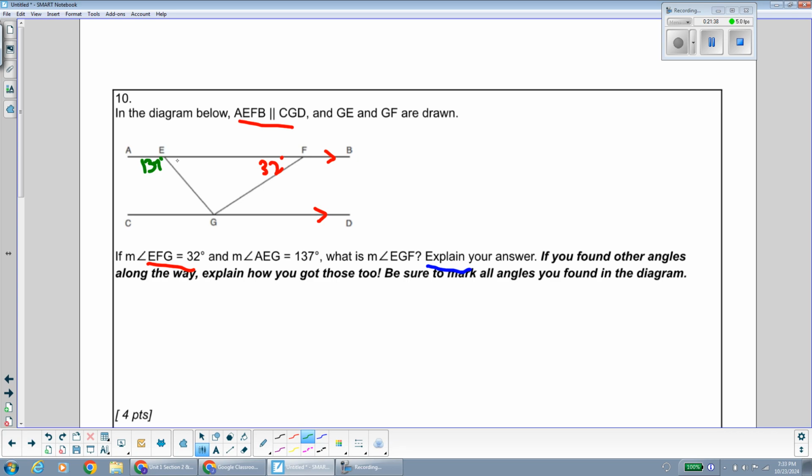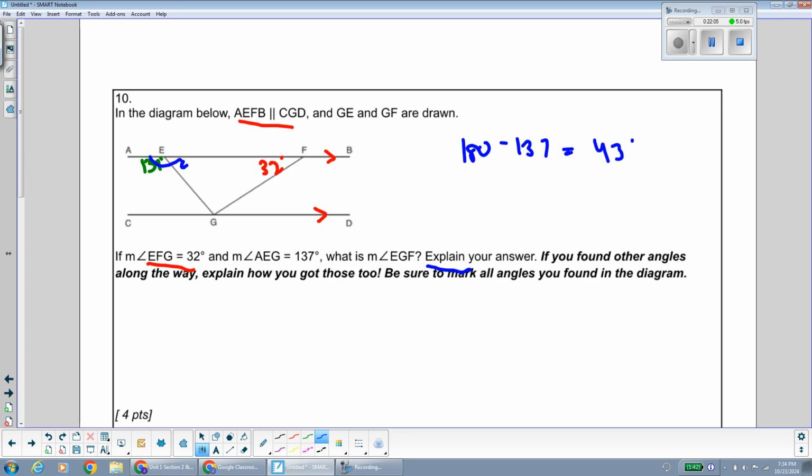That's not angle AEG. Angle AEG is over here. So these two angles are supplementary. They form a linear pair. So 180 minus 137 gives me angle FEG, the one that is inside of the triangle. So that is 180 minus 137, which is 43 degrees.